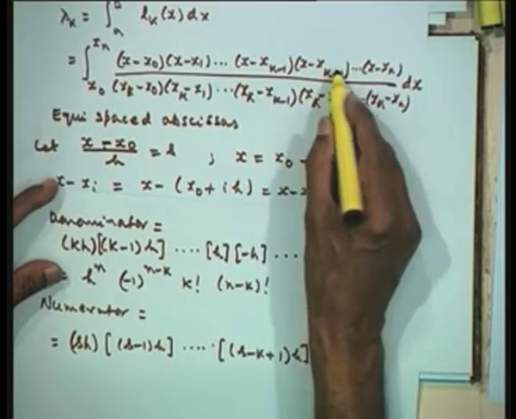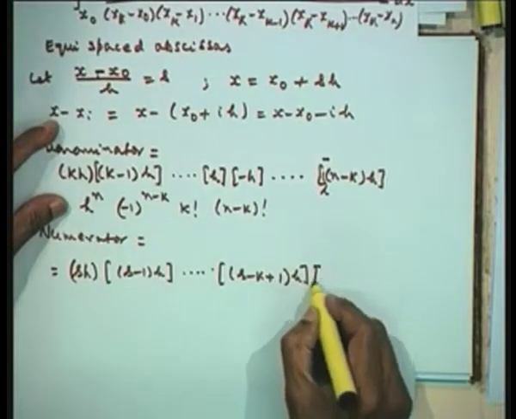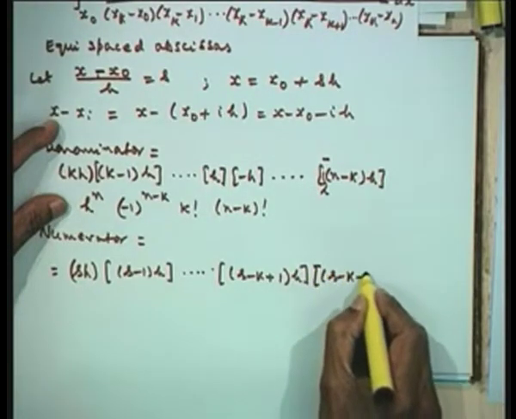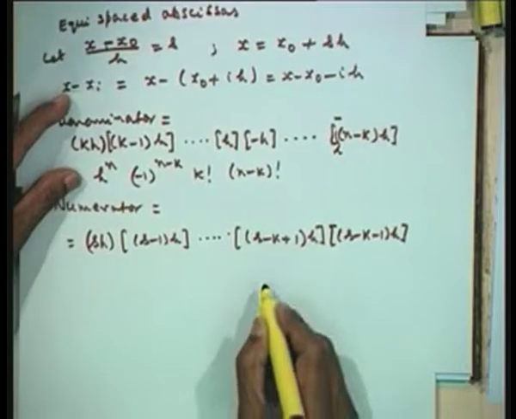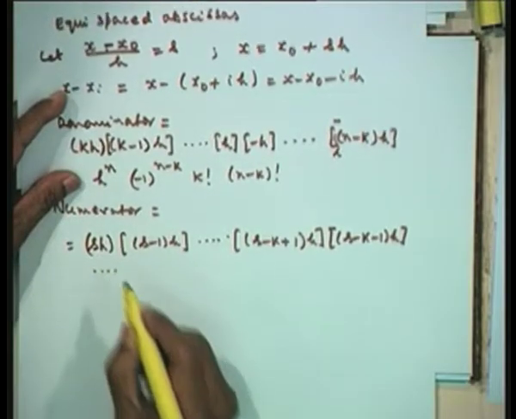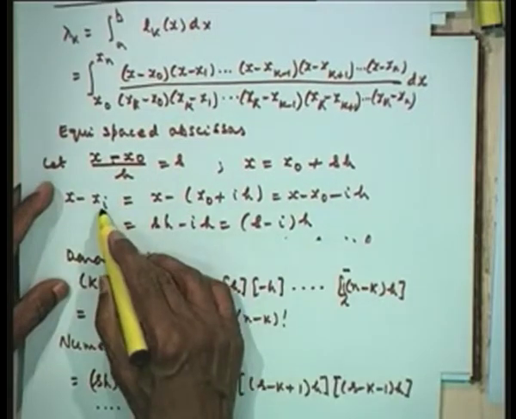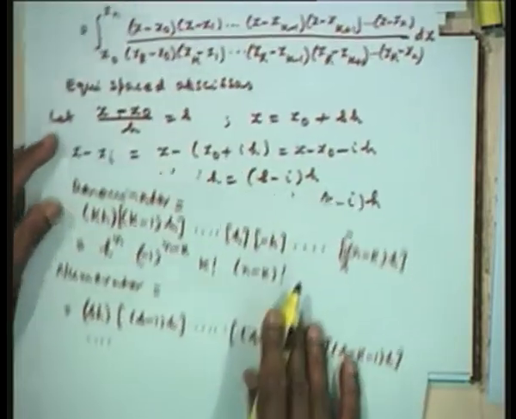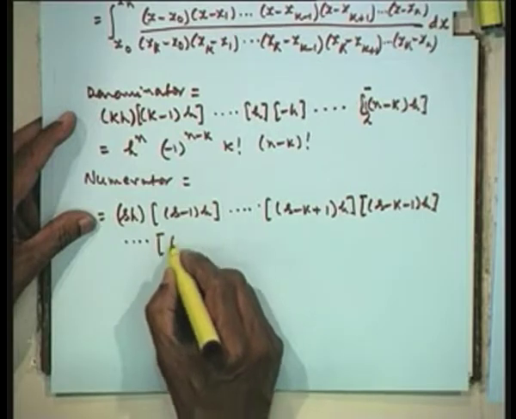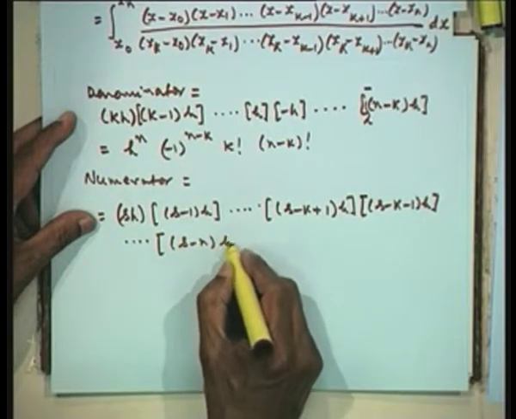Then we have x minus x k plus 1, therefore, I will have s minus k minus 1 into h, and so on, and the last term is x minus x n. So, I put i is equal to n. So, we will have here s minus n into h.